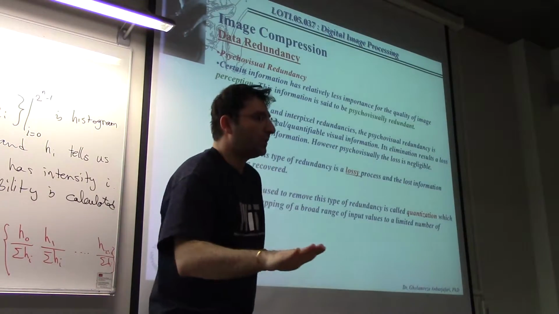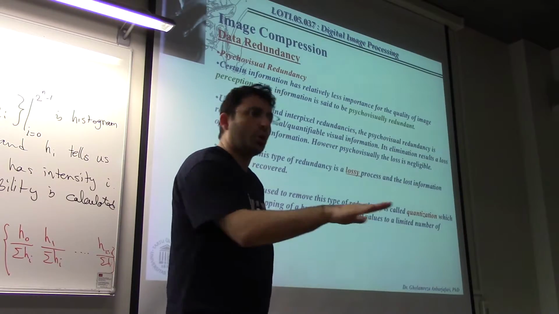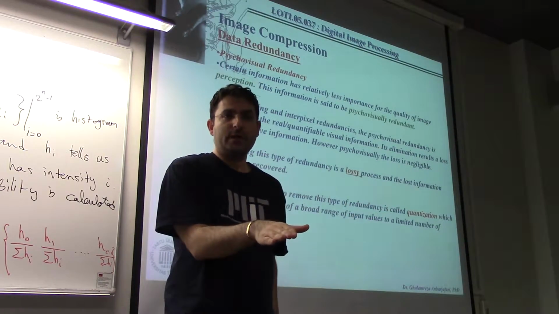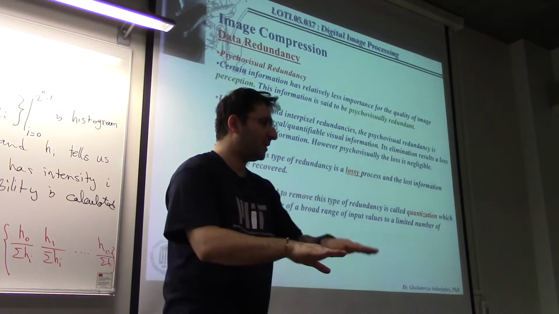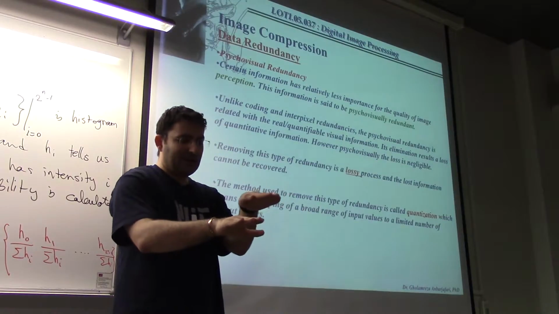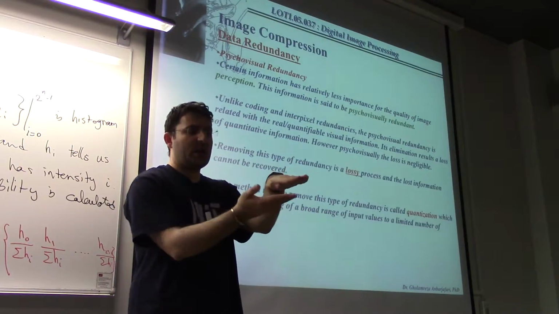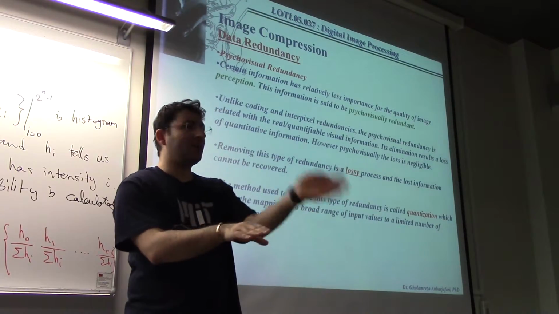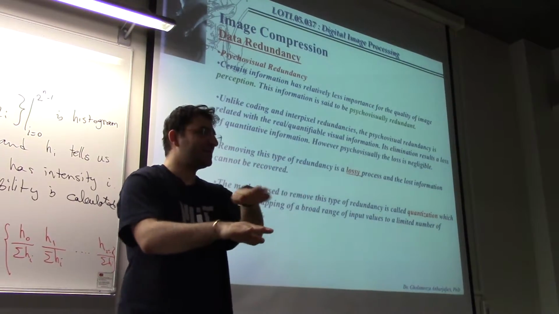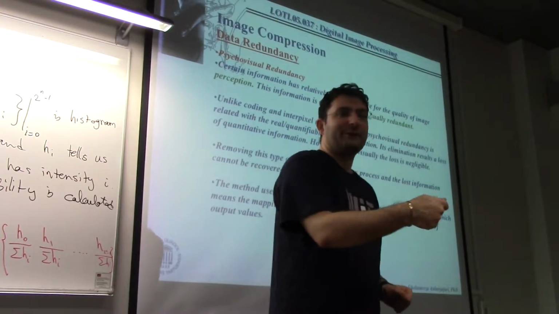In other words, your intensity value is either 0 or 1 or 2. It cannot be 1.5, right? It cannot be 0.25. We are giving it some specific values. So this means that if we have 0.5, we are losing it because either it goes to 1 or it goes to 0. You cannot get it back. So quantization means that we are trimming. We are killing so many of the values.